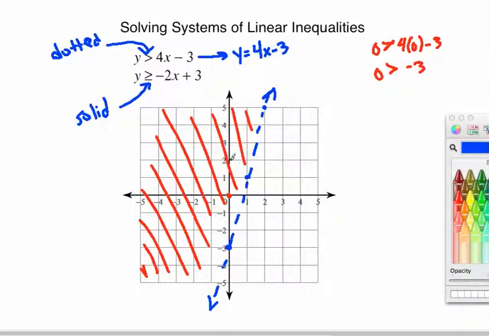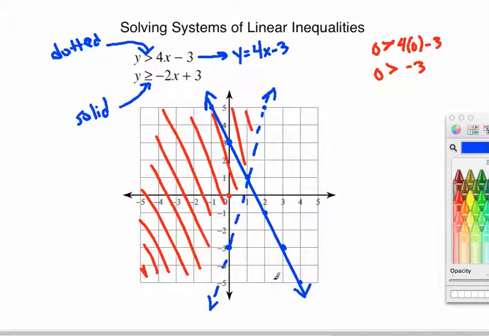So I'm going to start at y-intercept of 3, go down 2 over 1, down 2 over 1, and then I could also go up to the left 1. Okay, and this is a solid line. I'm going to use my solid line tool, and then put arrows because it goes on forever.